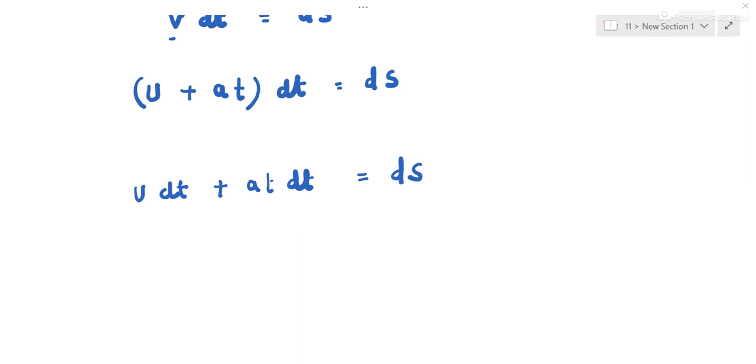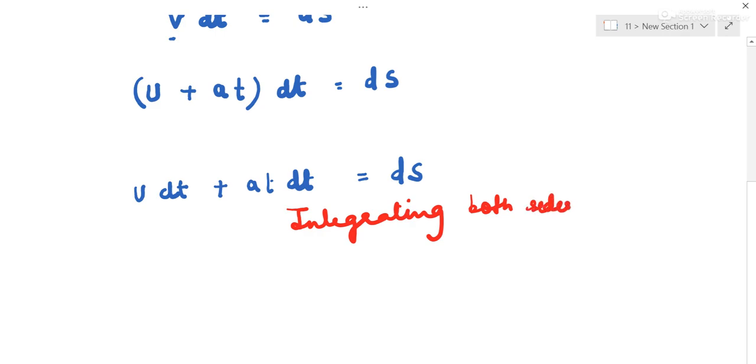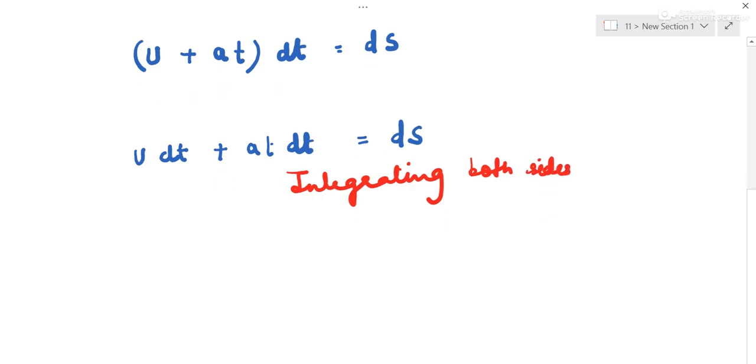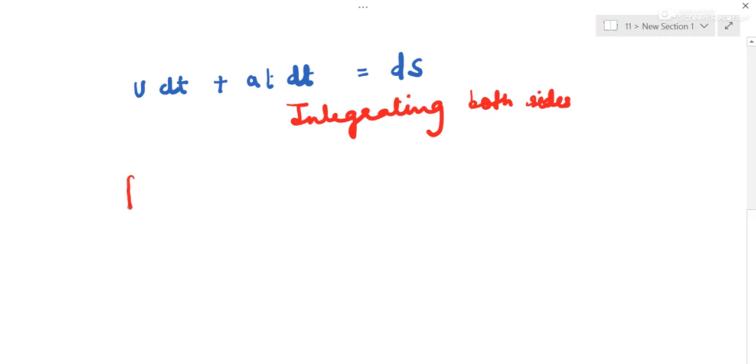Now integrating both the sides, we'll put the integration sign with each term.